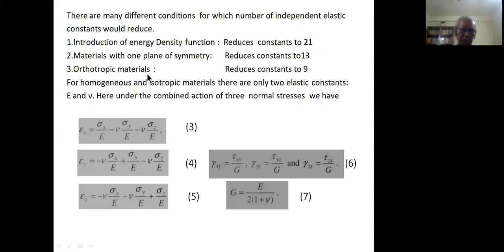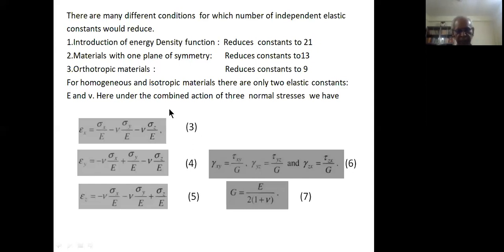Homogeneous means properties are the same throughout, from point to point, and isotropic means they are the same in different directions. This is very interesting. What are those 2 constants? E and nu, which we all know very well.